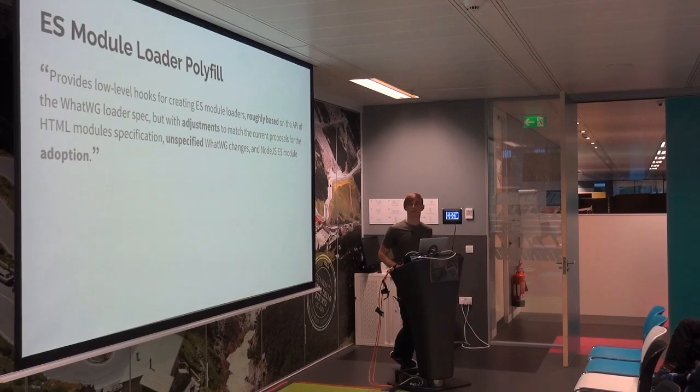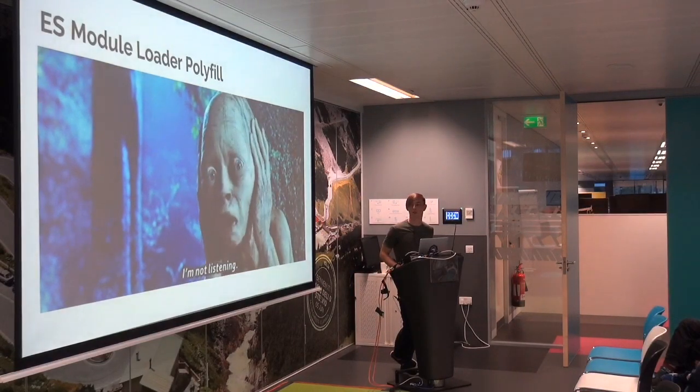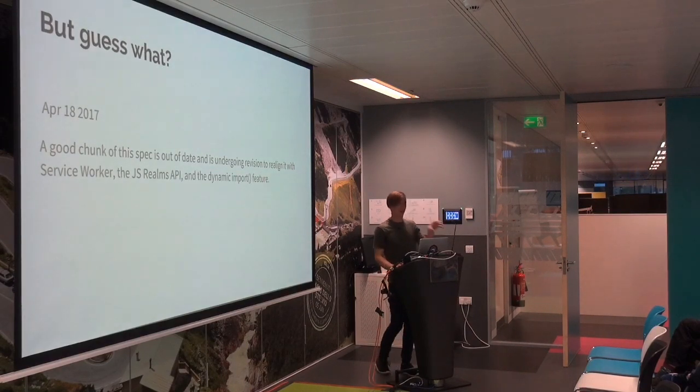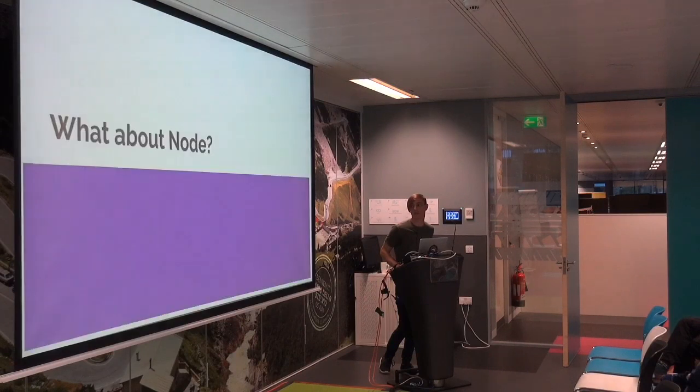So we're kind of not listening to what's actually going on. But guess what happened in April? The actual WHATWG loader spec, they just put a little note about it being quite deprecated. And if you read through it, we're actually waiting for people to implement stuff like import, which is another committee, TC39, which has to implement it. And, well, we don't have any friends.